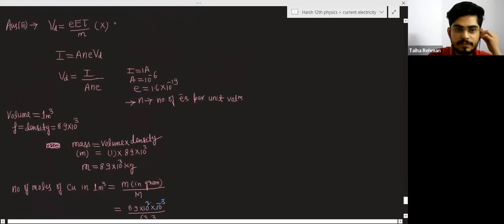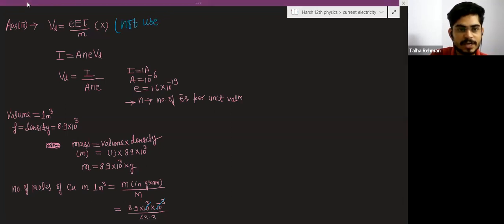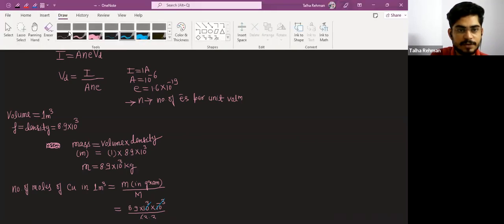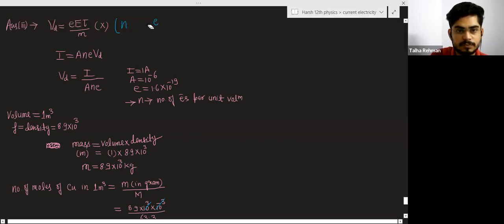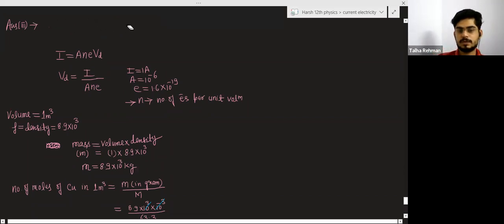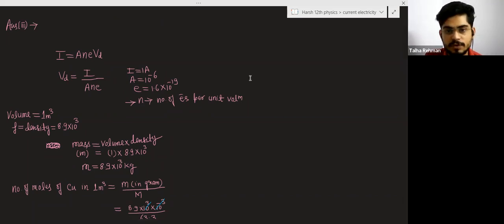This cross meaning, we will not use this formula. Actually, I am just removing this. I don't want any confusion. I want to tell you why I have not used that formula, because we do not have the value of relaxation time.